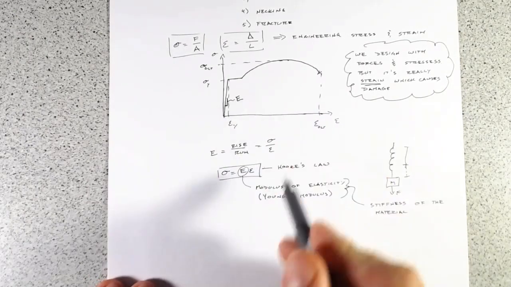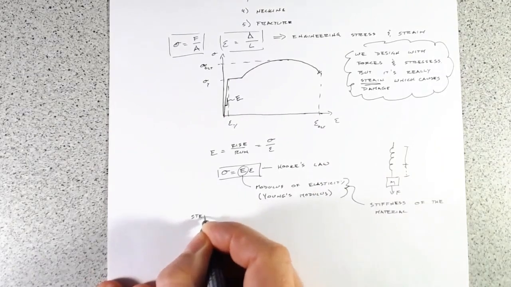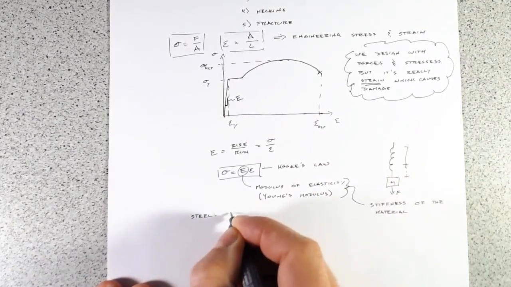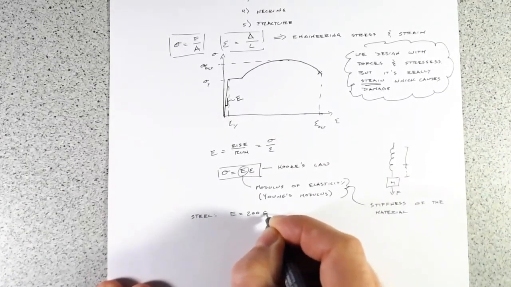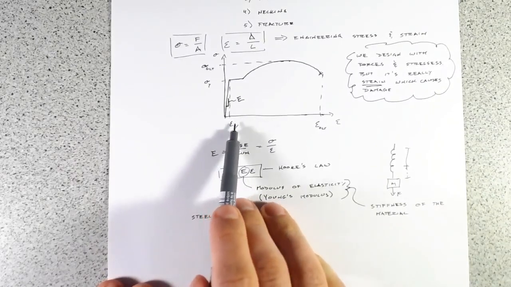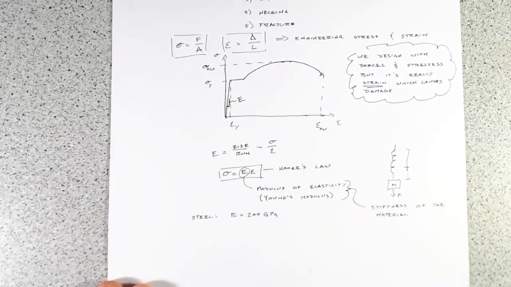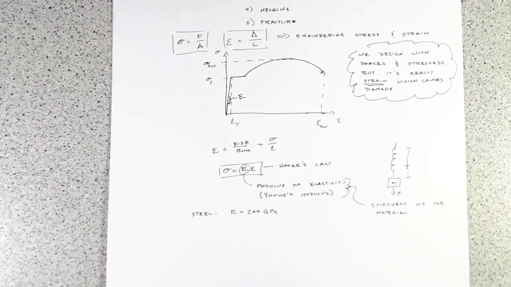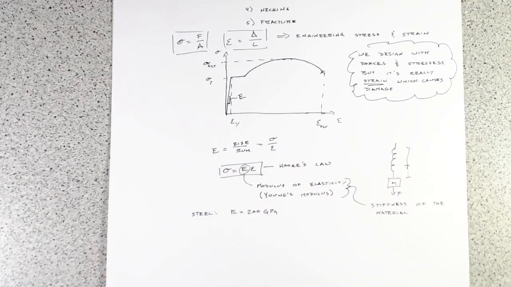And so for steel, if it has an E equal to 200 GPa, and we want to find out what our yield strain is, say we know what our yield stress is. As we've pulled a material and snapped it, I've told you that deformation is really what causes damage.